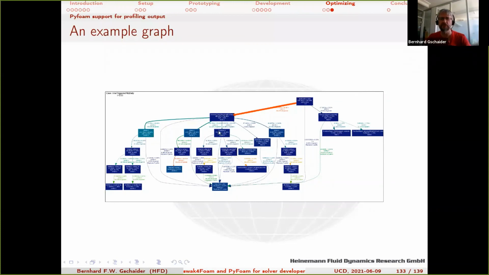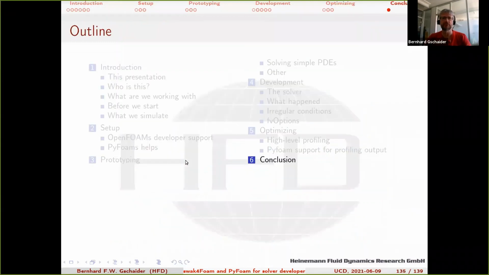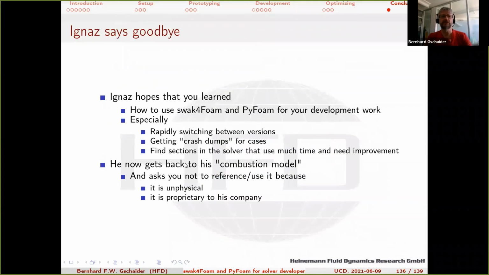So most of the time is spent over here. And as I said, you can zoom in your web browser and have a look at it in more detail. You see here that the pressure equation takes 30% of the time, which is the regular operation for the pressure equation. So I'm coming to the conclusion.